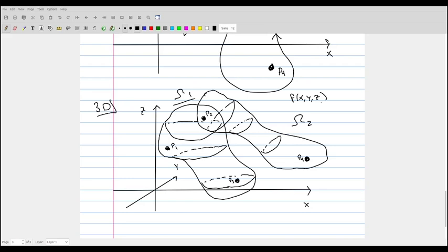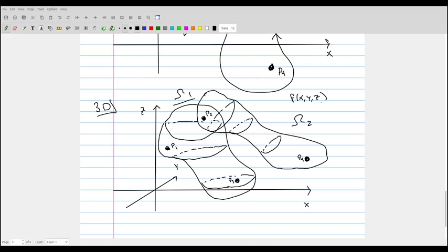And same thing for omega 2. But for omega 2, you only have 2 interior critical points, P2 and P4, or on the boundary of that new domain omega 2.